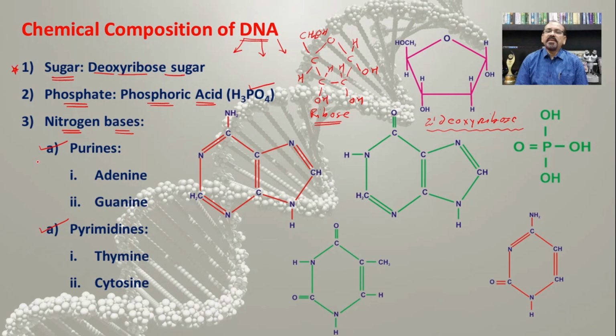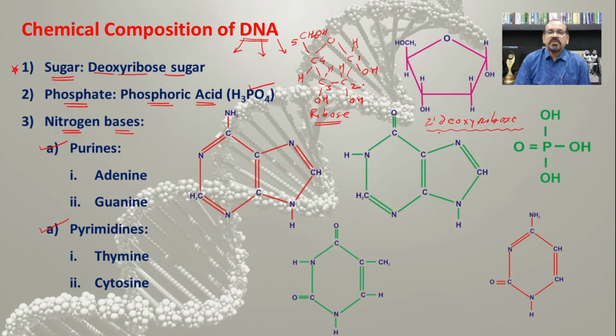If you compare this ribose sugar to that of the 2-deoxyribose sugar, then you will find that this is the first carbon atom, this is the second carbon atom, third, fourth, and this is the fifth carbon atom which is present outside the ring.